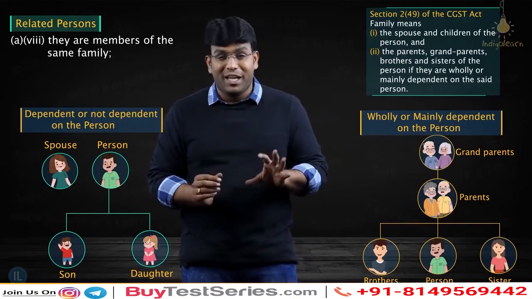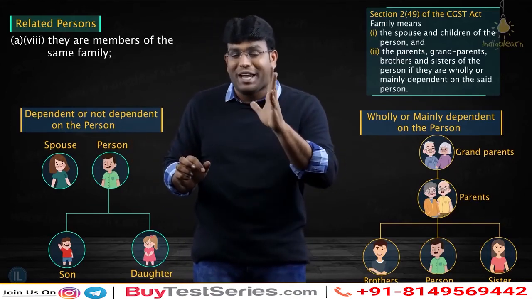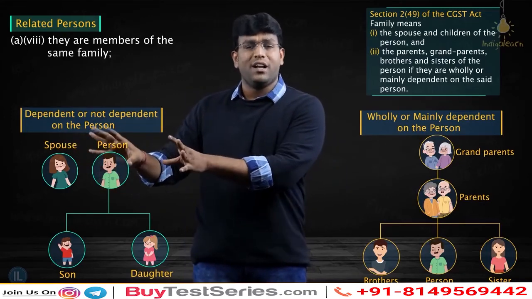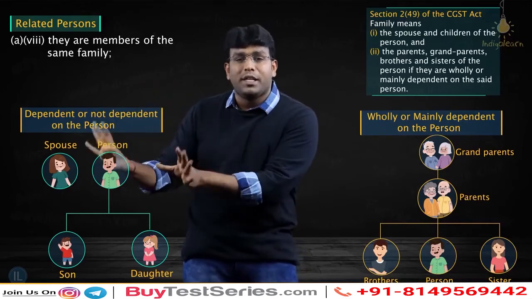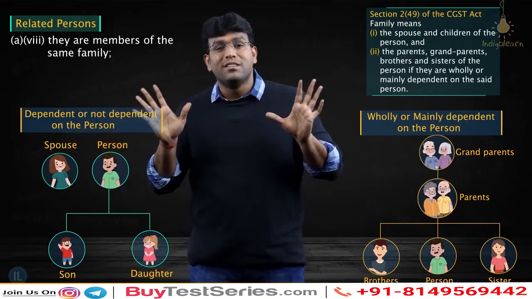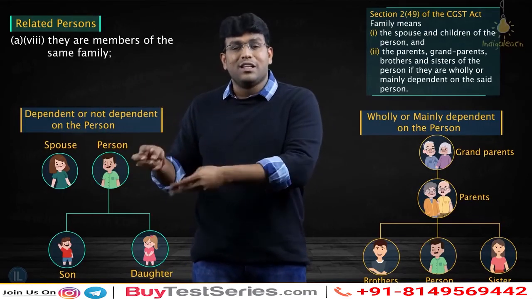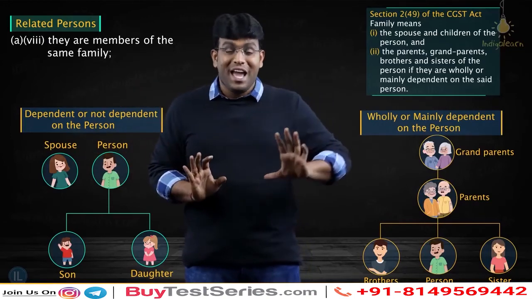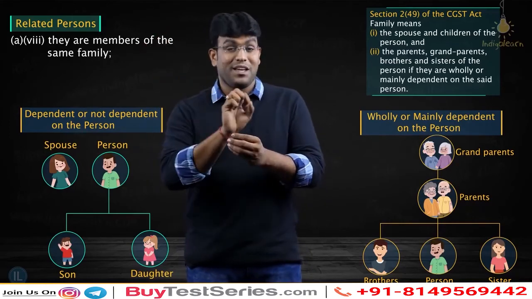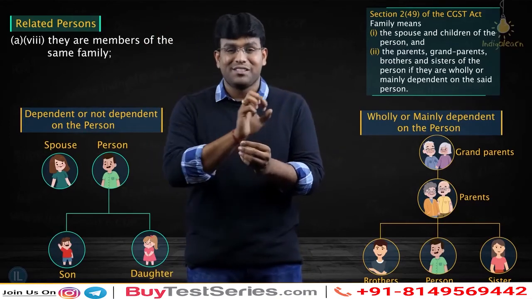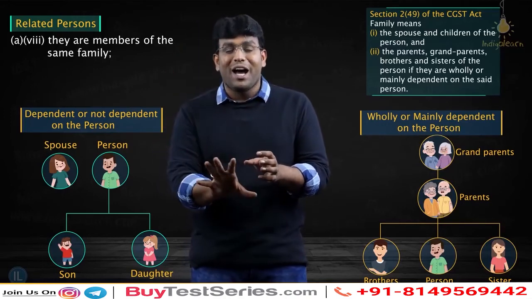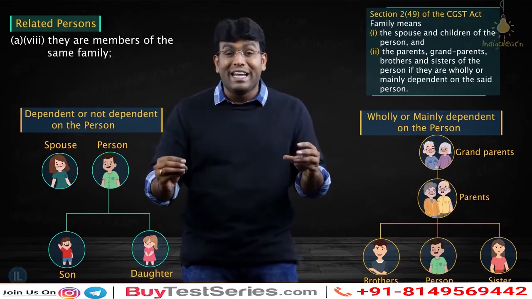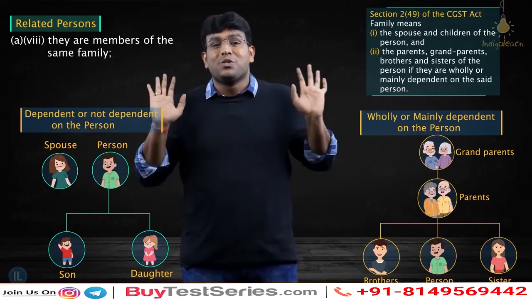Under the definition of family, there are two categories. First category is spouse and children, whether they are dependent or not dependent, they are always relative. So Shiva Teja's son is always a relative for Shiva Teja, whether dependent or not. Other category: parents, grandparents, brothers, sister. These four are called related persons if they are wholly or mainly dependent on the individual.